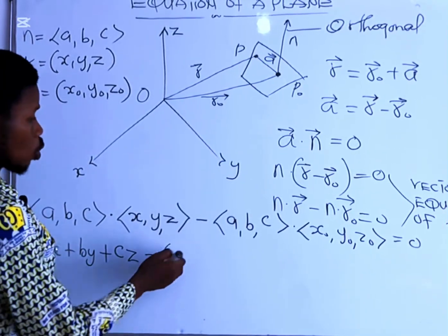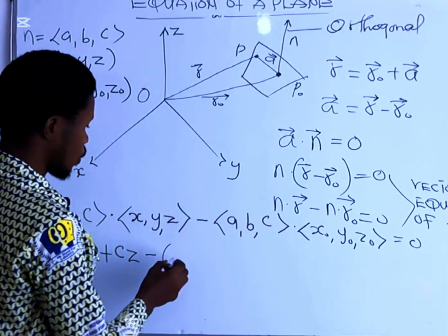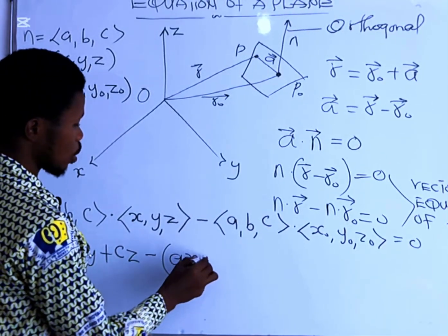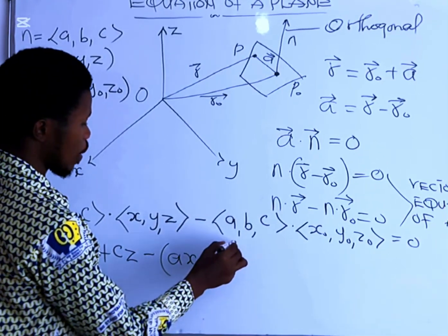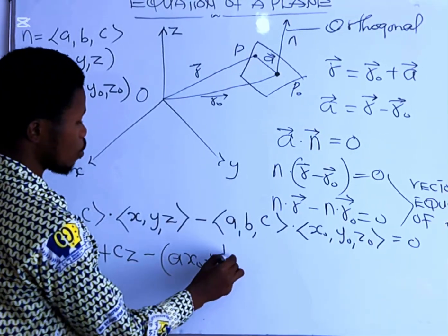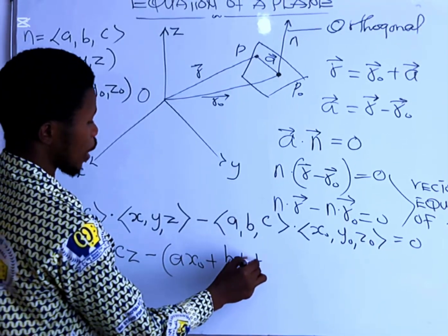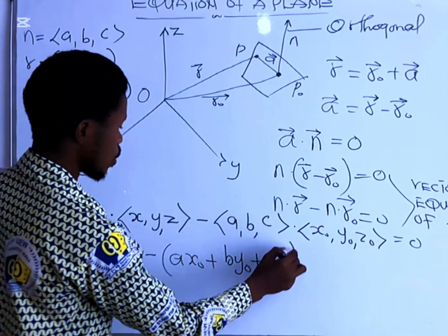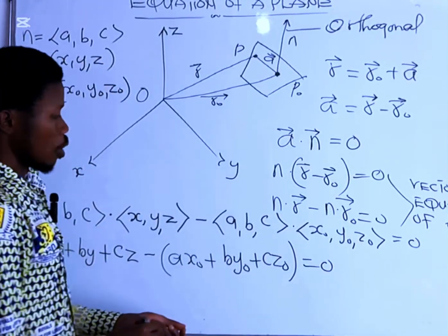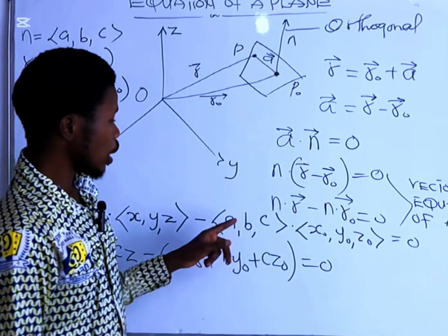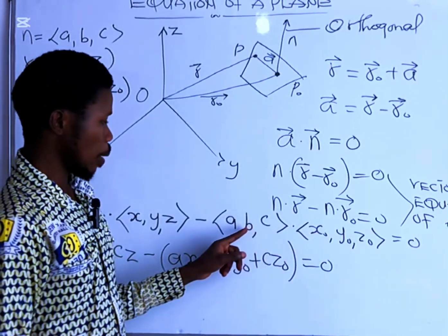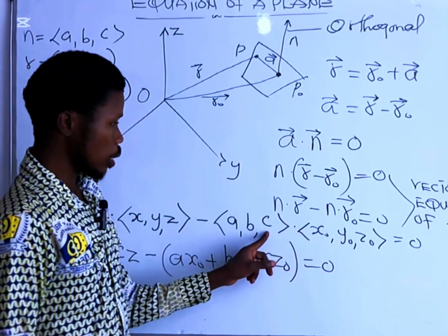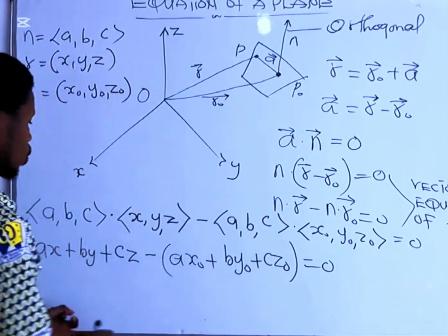Let me put it in bracket because of the negative affecting everything. So I'm going to have ax naught plus by naught plus cz naught. And this equals 0. Remember, when you are dotting, it is this times this, then b times the y, then c times the z, and they are the naught there.